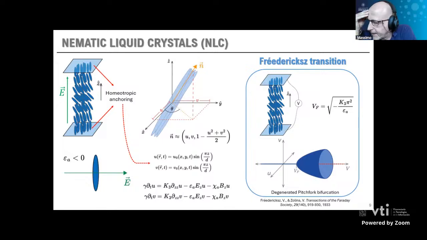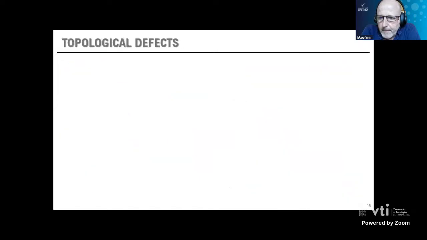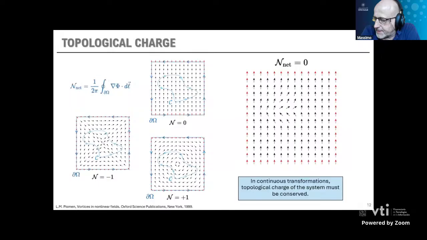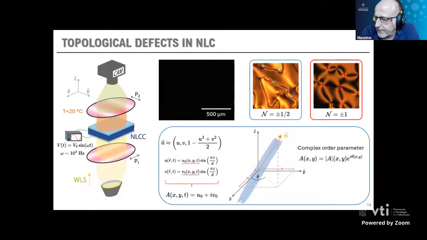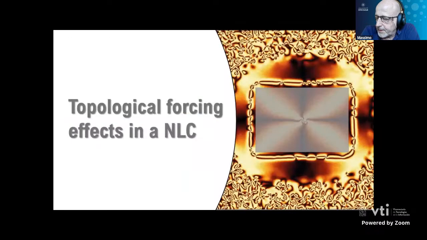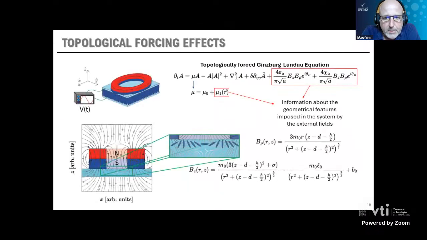Okay. Another question. So when you put a magnet, your boundary conditions are going to change. And so I was wondering, if I understood correctly, you insert the effect of the magnet as a perturbative term.